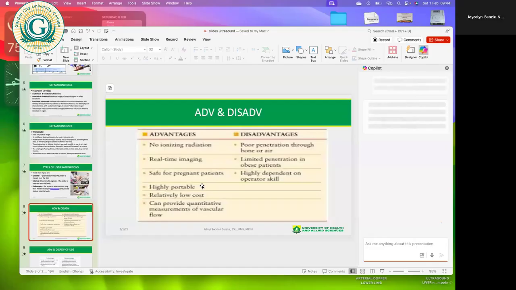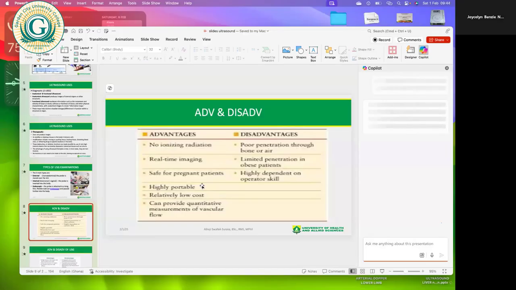It also produces images in real time. So at the time you are performing the examination, what you see is what is actually going on within the person's body. Unlike some examinations where you take the images and you may be interpreting at a later date, with ultrasound, at the time of interpretation, you are seeing what is actually going on.